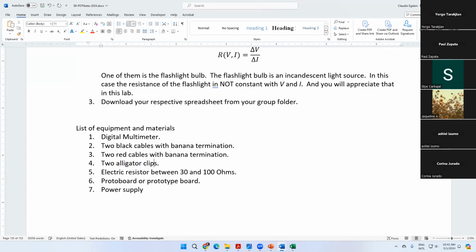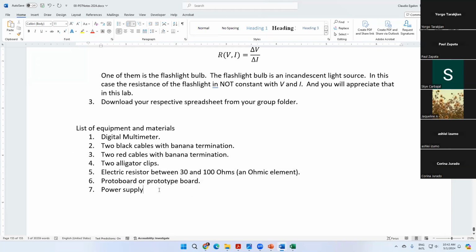An electric resistor, an ohmic element, right? Anywhere between 30 and 100 ohms.